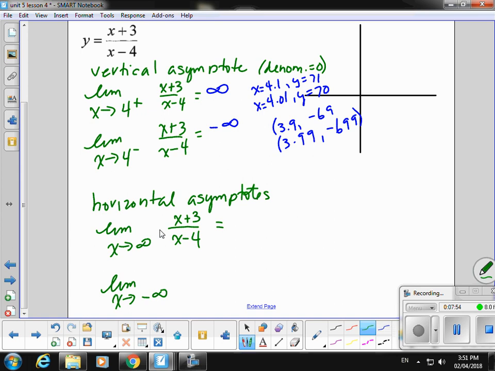It looks like maybe it's getting closer and closer to 1, but this just doesn't seem like a super great method. As x approaches negative infinity, plus 3 and subtract 4 really are negligible. They really hardly have a difference. But this seems like a strange method. There must be a better way.